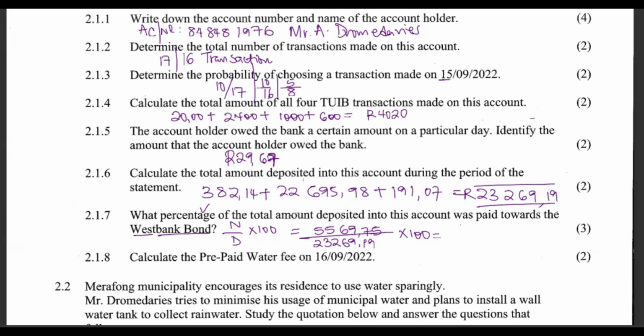So we have 5,569 rand 75 cents divided by 23,269.19. So we end up having that much.